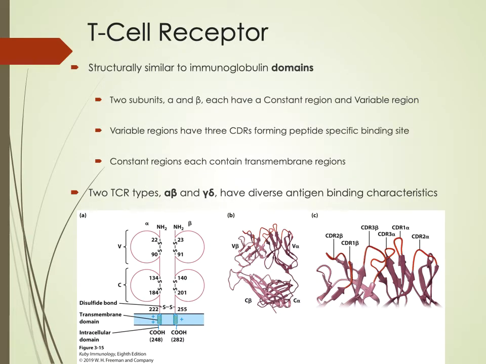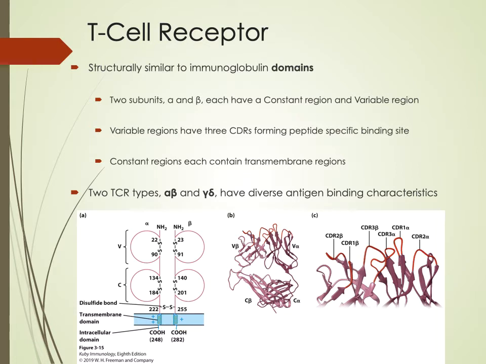And then the T cell receptor is going to have structures similar to the immunoglobulin domains. Again, it's going to be a dimer that comes together, and within those dimers, we have a variable region, a variable domain, and a constant region, a constant domain.